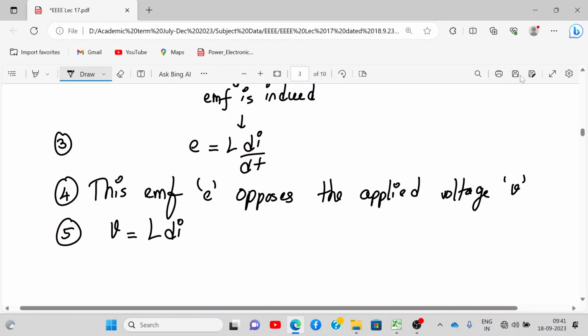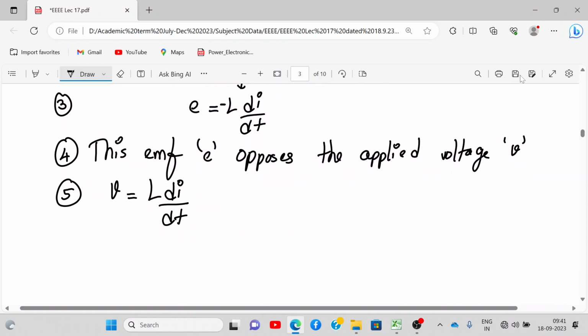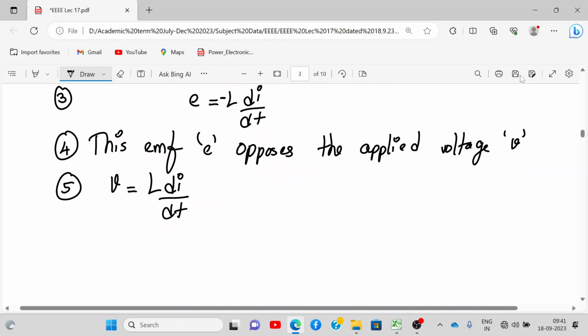L di by dt. Actually, E is minus L di by dt or plus L di by dt? Minus L, right? So here it is minus, so this opposes means that will be plus. Got it? E is minus L di by dt, so V will be plus, since it opposes. So this is important.